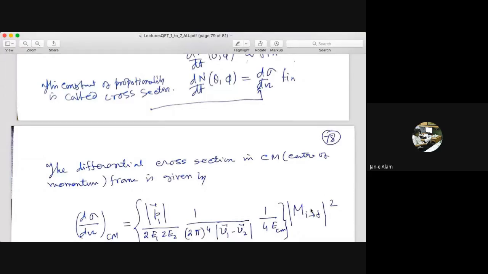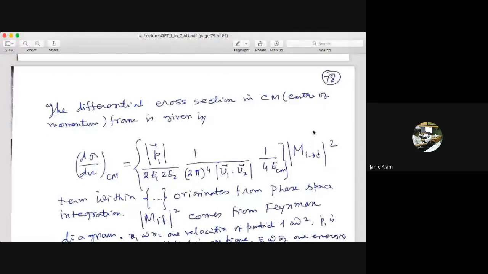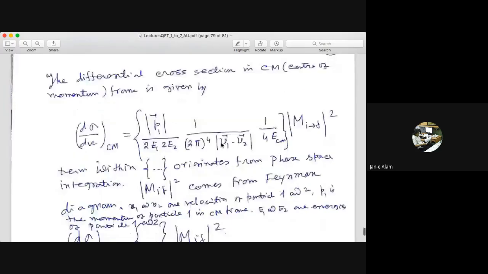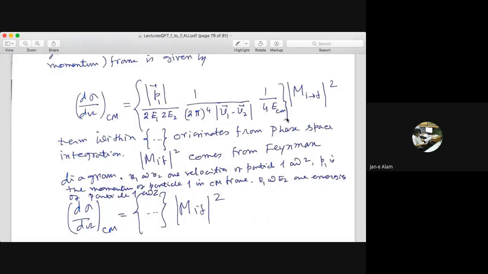And this part within the curly bracket is nothing but the phase space or kinematics factor. So any physical process contains two things: one is the dynamics, the other is the kinematics. Dynamics will come from the Feynman diagram, and kinematics is just a phase space factor. For two particle to two particle, it is easy to show this, and I will show you. Okay, so this is where the Feynman diagram comes in, right?